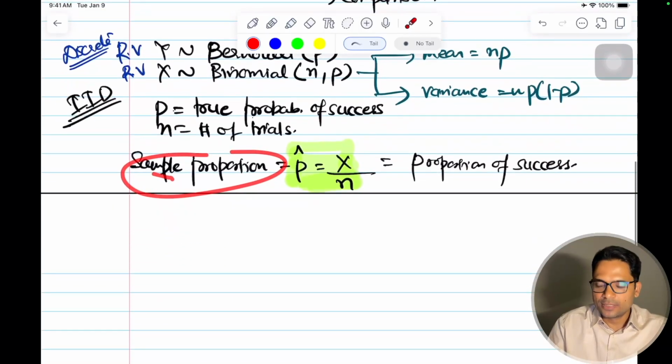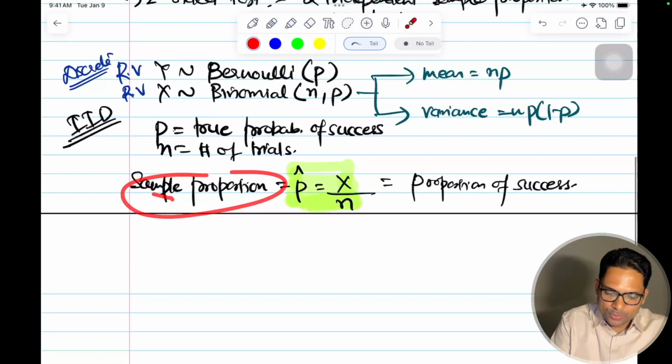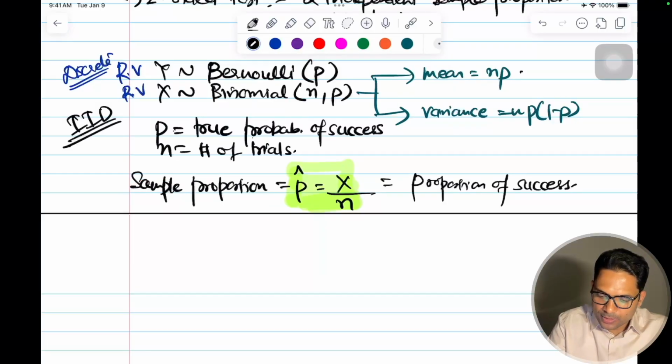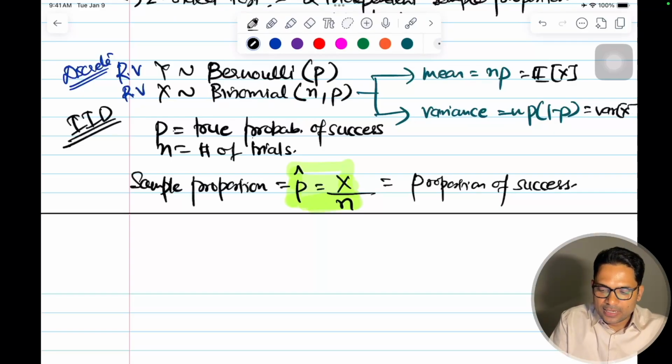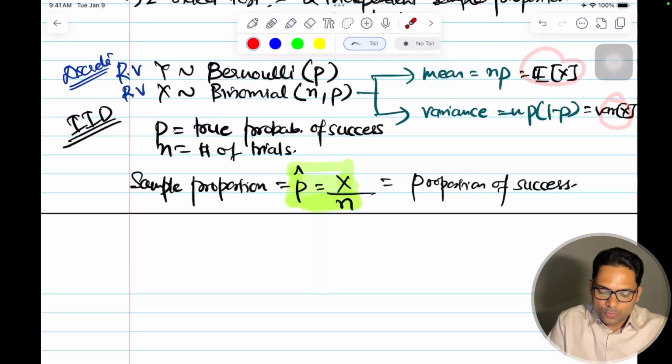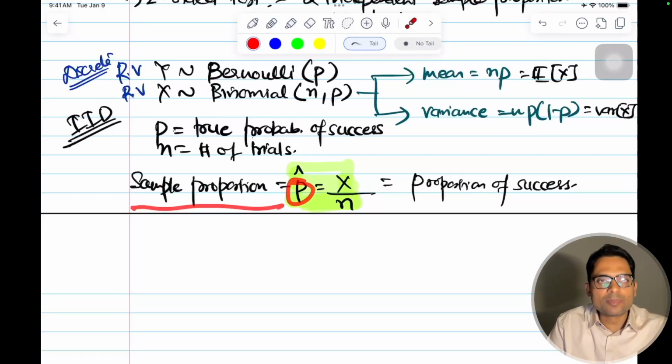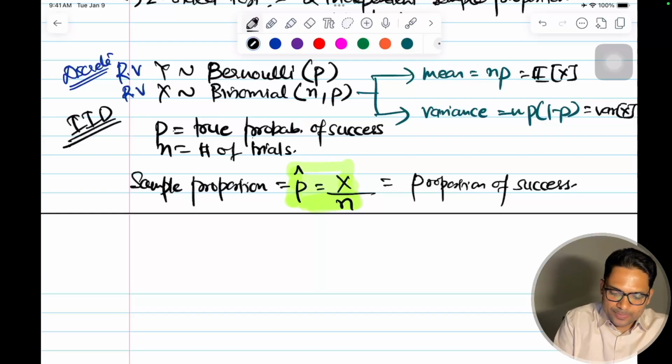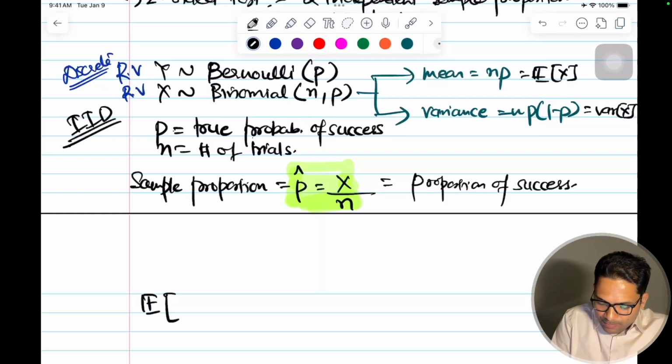Now let's proceed. So now, what is the mean? We know the binomial mean is equal to the expected value. If this is x, and this is binomial, this is the expected value of x, and this is the variance of x. If these are the expected value and variance of x, what will be the expected value of my sample proportion now? So my expected value of sample proportion is equal to expected value of x by n.